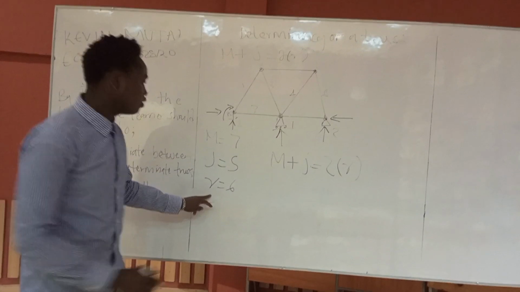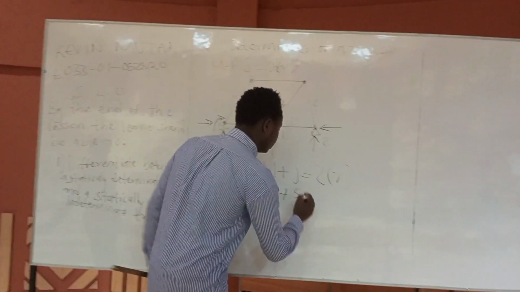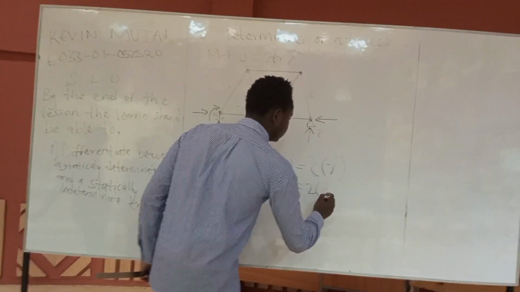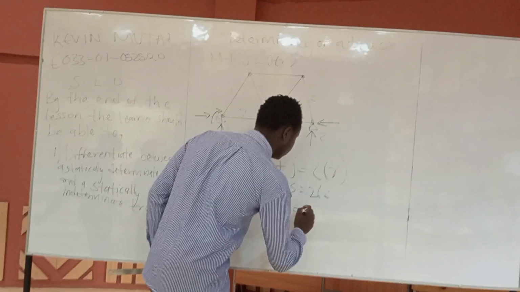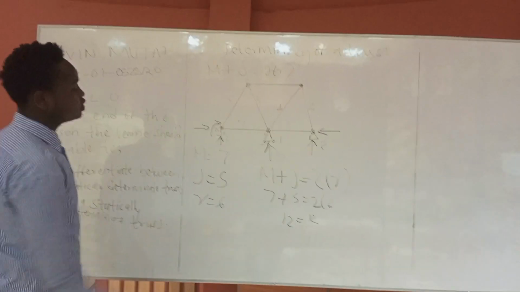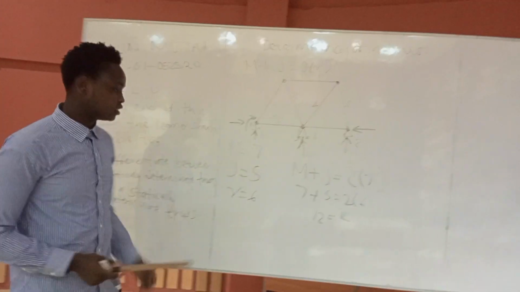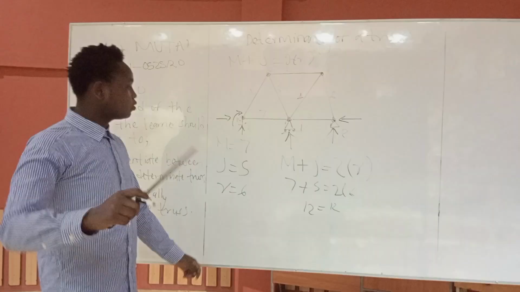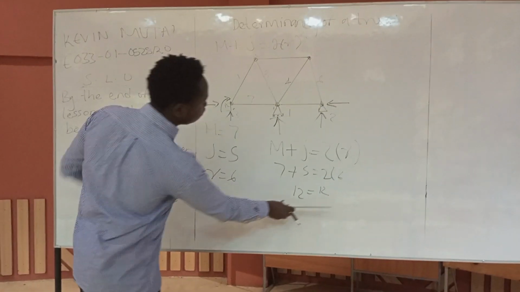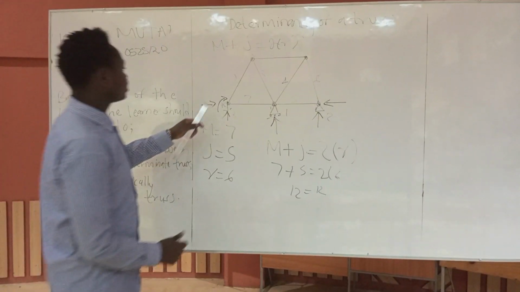In our case, we have 7 members plus 5 joints is equal to 2 times 6. So 12 is equal to 12. So this truss of ours is a statically determinate truss.